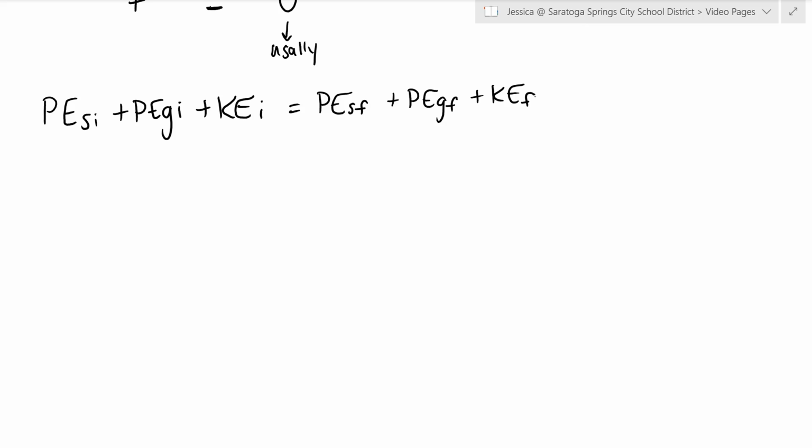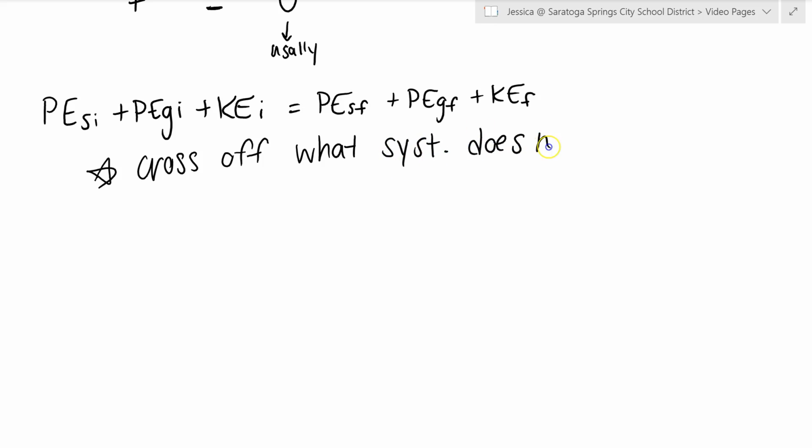It all depends. So it's important that we cross off what the system does not have. Now, I'm not talking about the problem. I'm talking about how the problem defines the system.